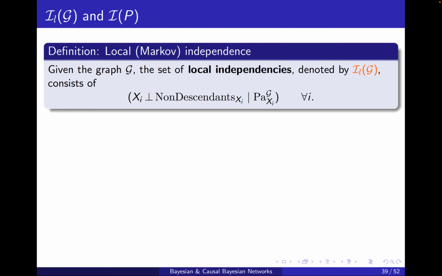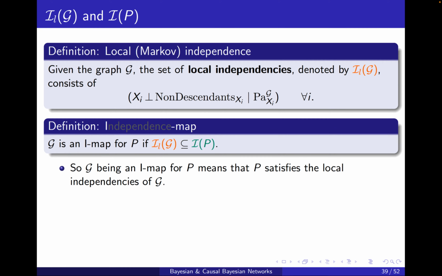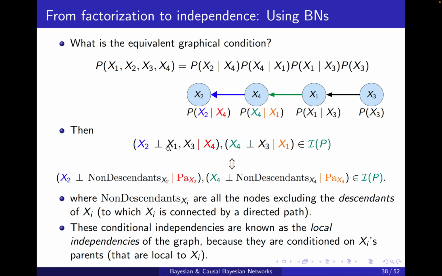Okay? And then I define an independence map, or the I-map. G is an I-map for P if the local independencies defined by G are a subset of the independencies of the distribution P. Now, G being an I-map for P means that P satisfies the local independencies of G. So again, this graph G is imposing some local independencies, this and this.